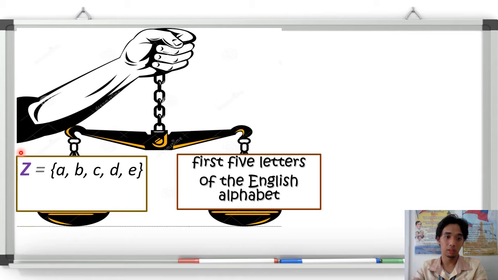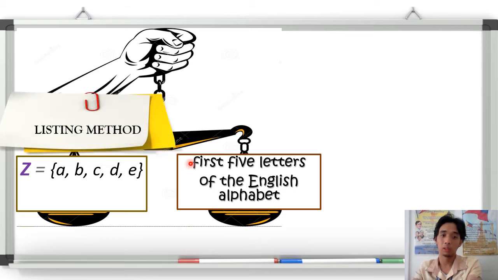On the left side, set C with A, B, C, D, and E, we represent it by listing down the elements and putting them inside the curly brackets. So it is called the listing method. On the other hand, for the first five letters of the alphabet, we represent it by giving the qualification for the elements of our set, which is five letters of the English alphabet.